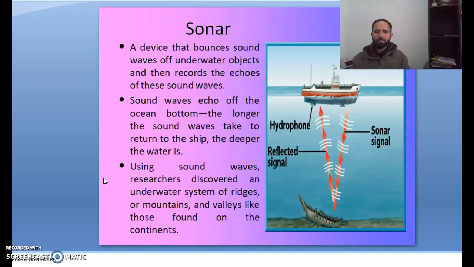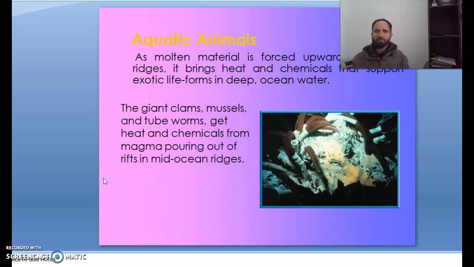Using sound waves, researchers discovered an underwater system of ridges or mountains and valleys like those found on the continents. Now the aquatic animals: as the molten material is forced upward along the ridges, it brings the heat and chemicals that support exotic life forms in the deep oceanic water.